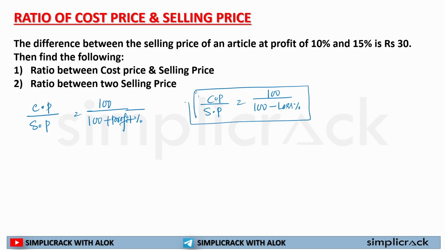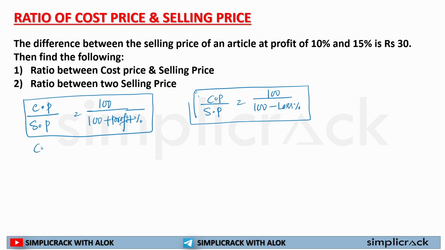This is the formula I have already told you, right? So in this case, the difference between the selling price of an article at profit percentages of 10% and 15% is 330 rupees.